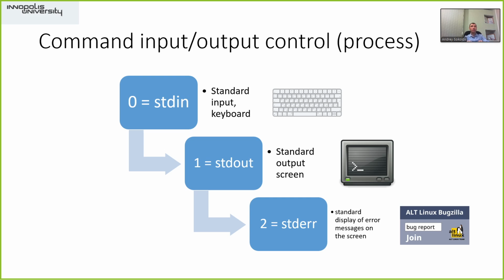In this case, the term redirection means getting the output from a file, command, program, or script, and passing it to the input of another file. Descriptors of files open by default: 0 equals stdin, 1 equals stdout, 2 equals stderr.